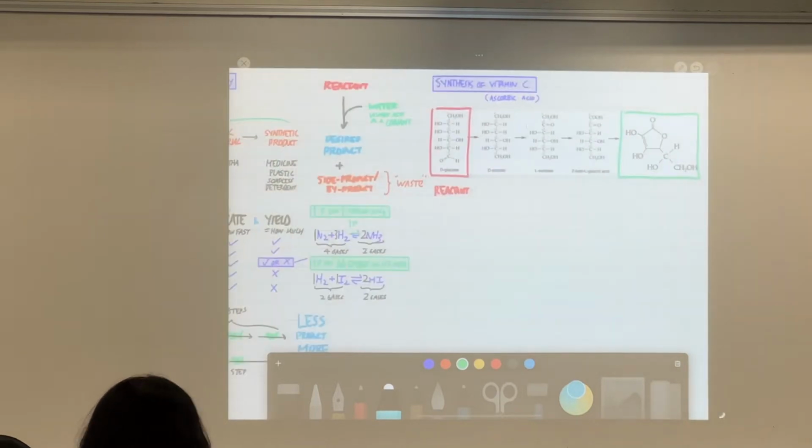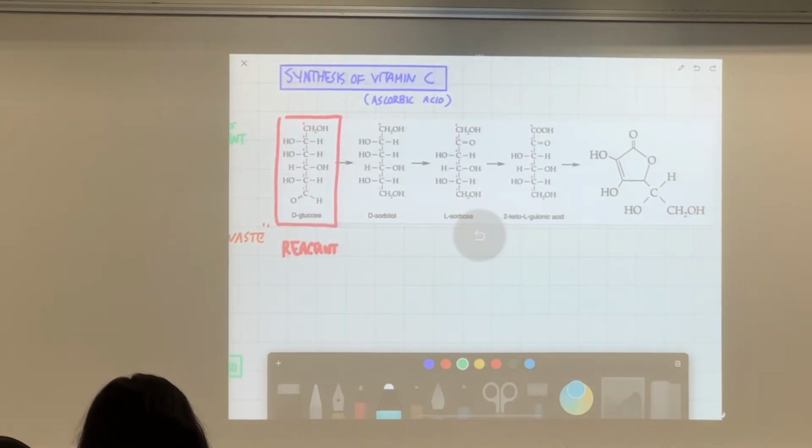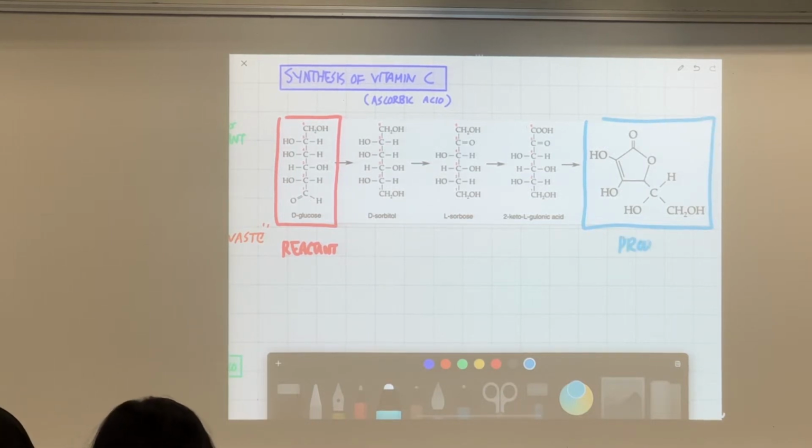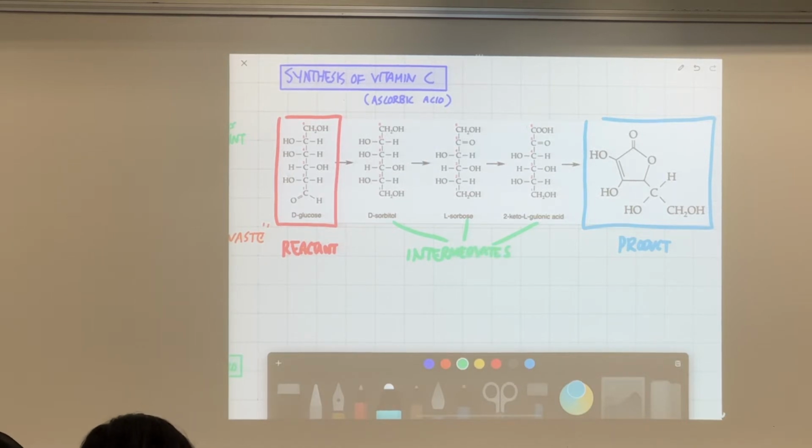What do you call everything in between? Intermediate, right? Very good, you remember this term. So the reactant, in its quest to become a product, will have to go through these so-called intermediates. If you don't quite remember what they are, they are something formed in the middle of the reaction, but then they will be consumed again in a later step to form our final product.